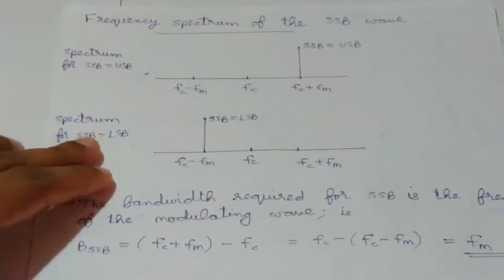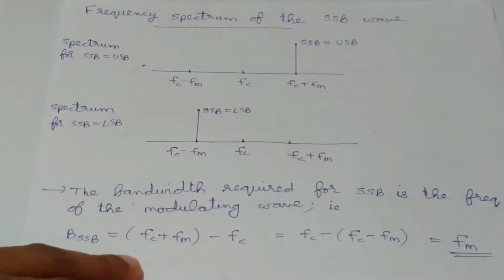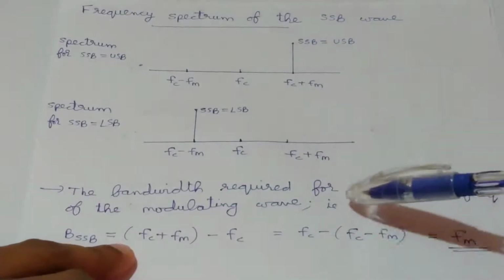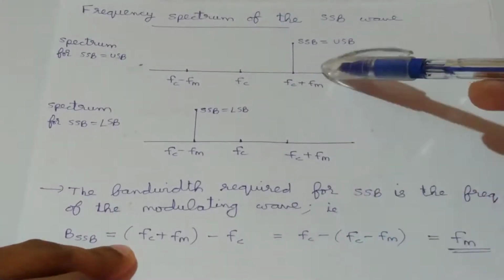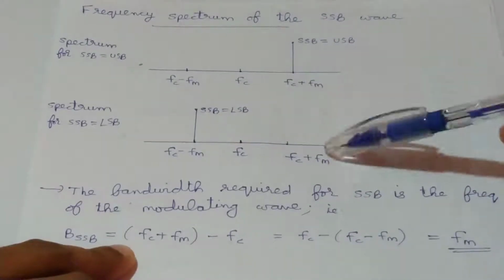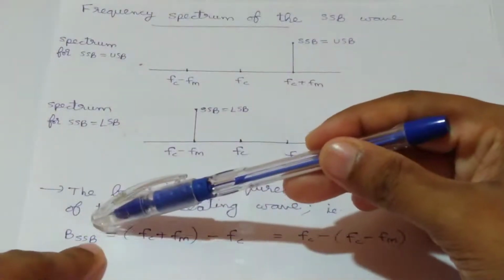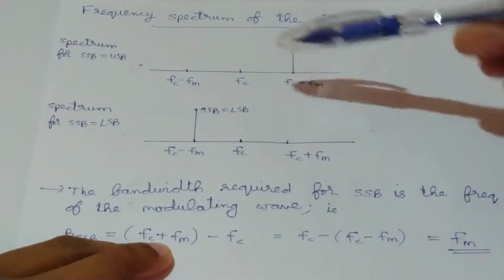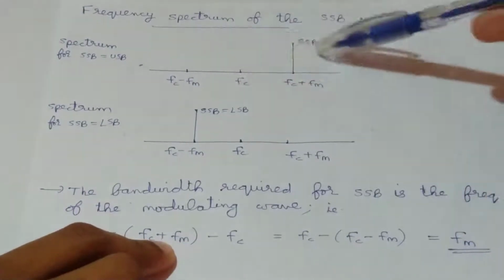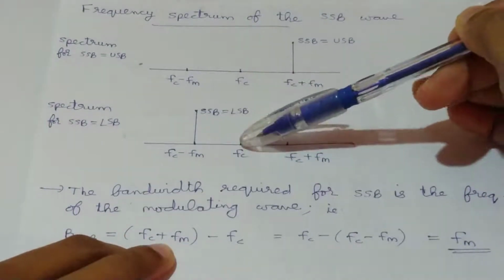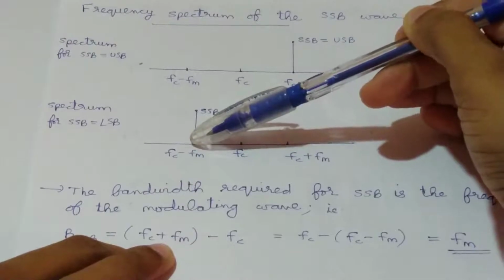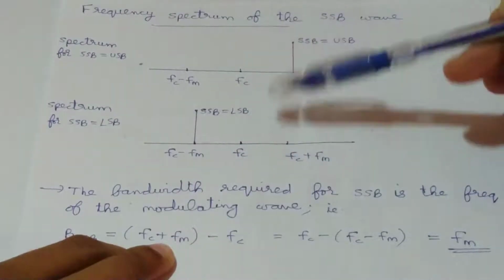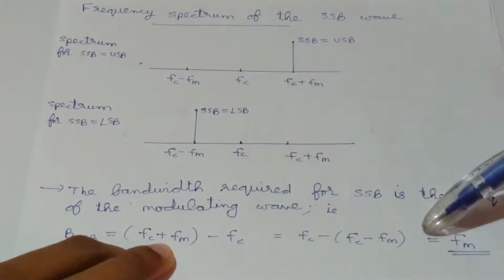The bandwidth required for the single sideband is the frequency of the modulating wave. From this frequency spectrum we can calculate the bandwidth of single sideband as FC plus FM minus FC from this one, and FC minus FM from this one, and both are the same and equal to FM.